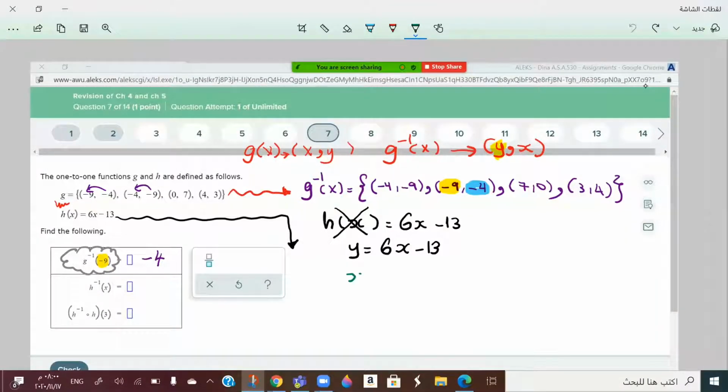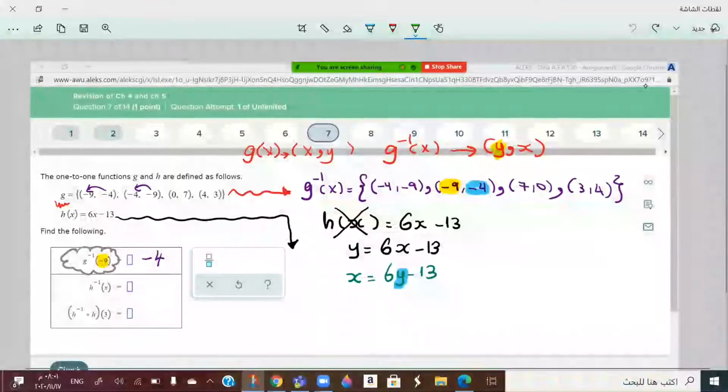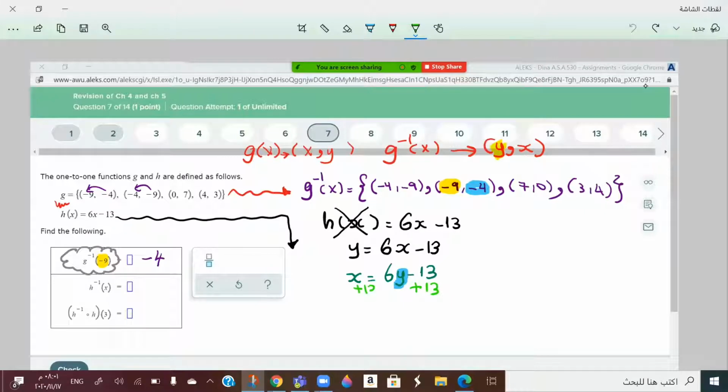So your x will be here, 6y minus 13. And all you need to do is solve for y. That means you should keep it alone. So this will be by adding 13 to both sides. 6y is equal to x plus 13. And now how can I get rid of the 6? You will divide both sides by 6.